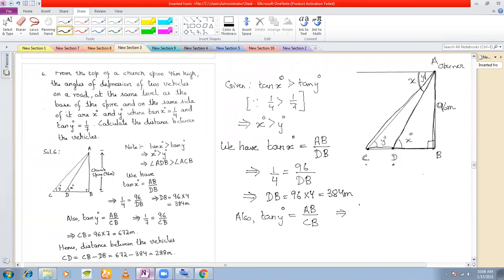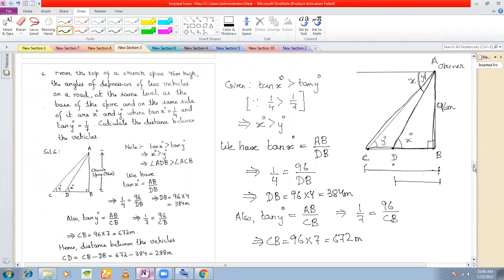And you know tan y degree to be 1 by 7. And AB is 96 divided by CB. That means CB is 96 into 7, which will give you 672 meters. So we have got CB length, right? And we have got DB length.